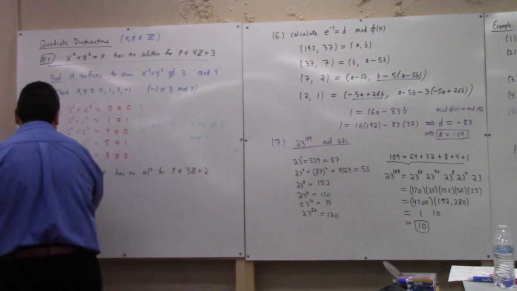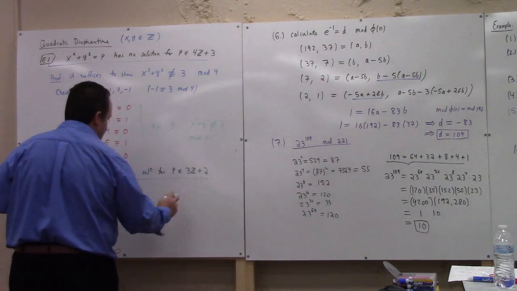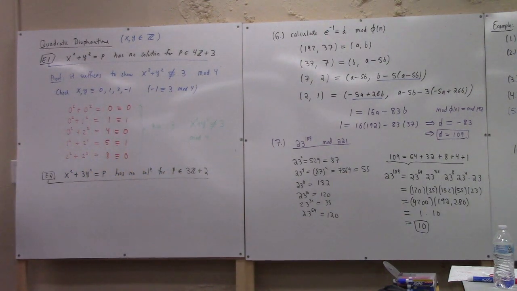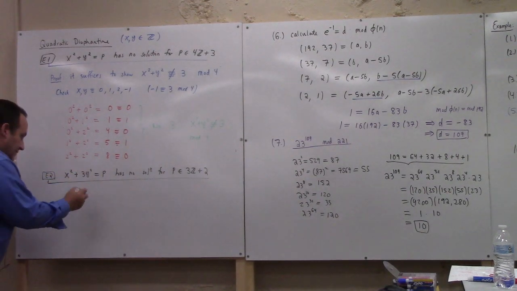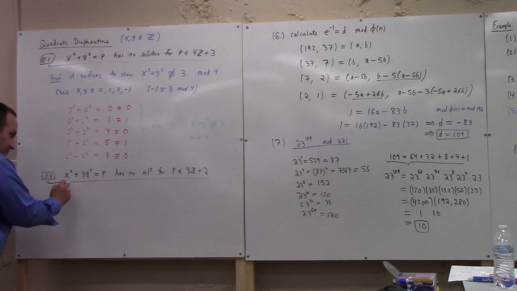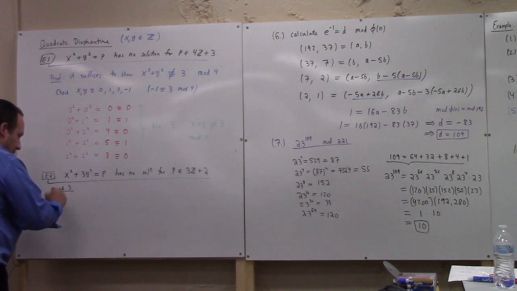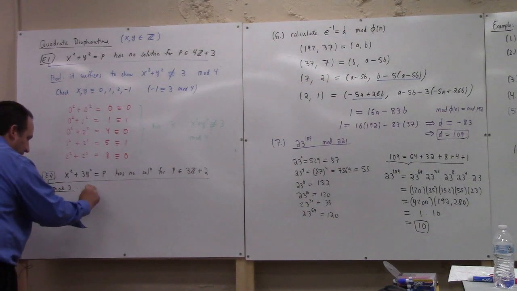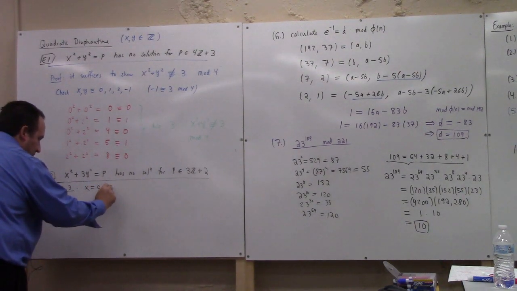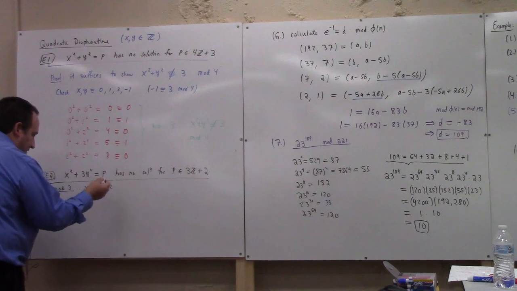So it will not output a number of the form a multiple of 3 plus 2. And to do this, you can just calculate mod 3, and we need to check, so mod 3, x and y equal to, let's say, 0, 1, and 2.